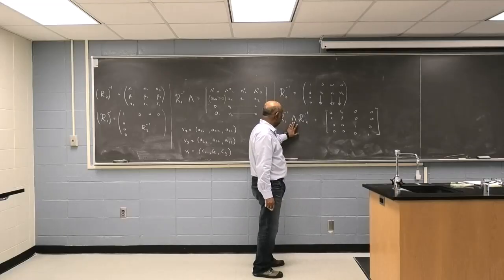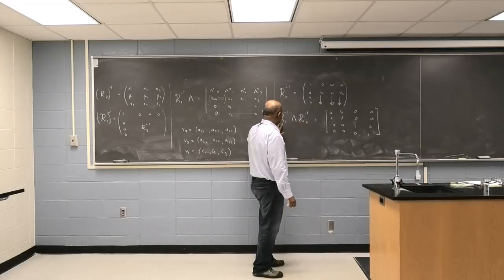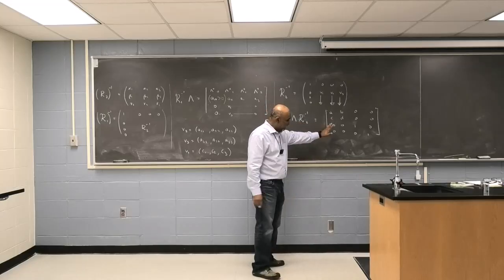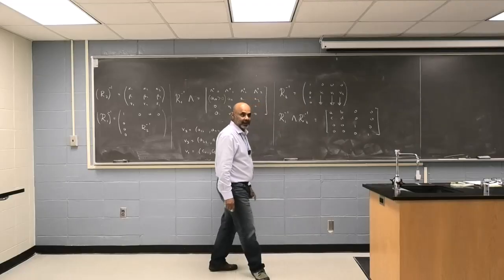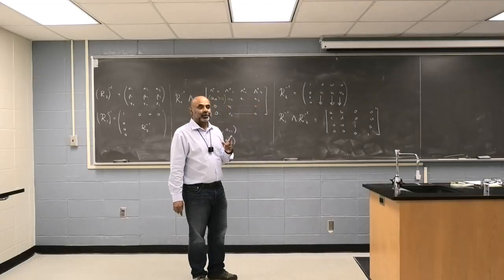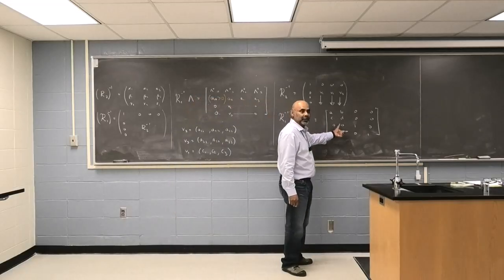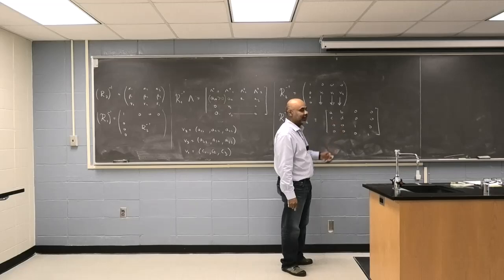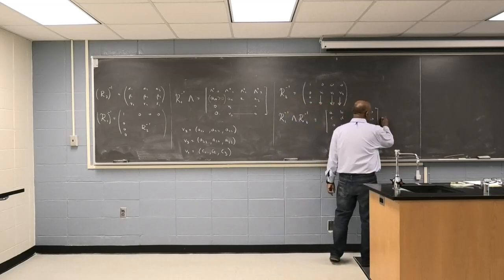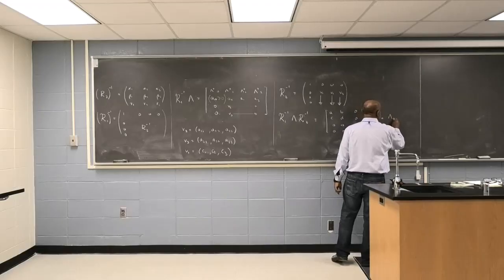From the original lambda, you multiply it by these two, you get that matrix. And that's the lambda boost. That was one of the homework problems, well, I just mentioned it as a homework problem. So by the homework problem that you will verify, this is some boost.